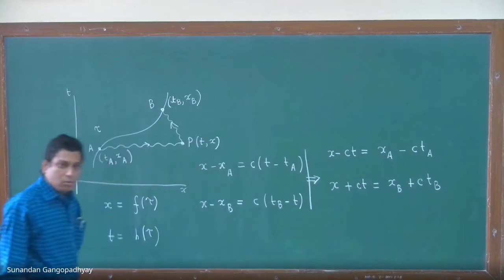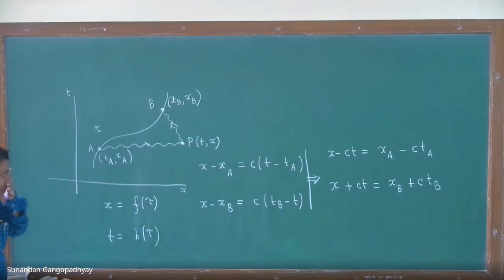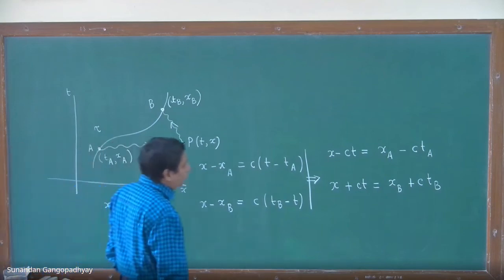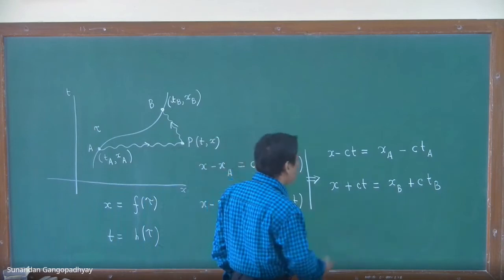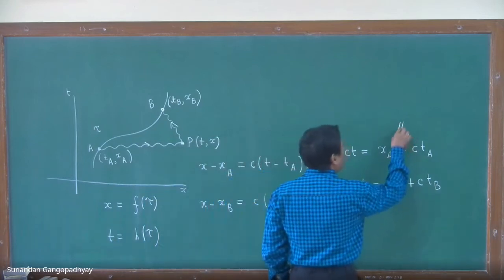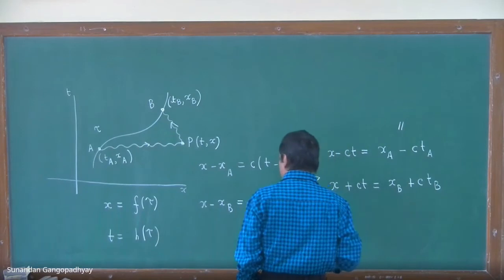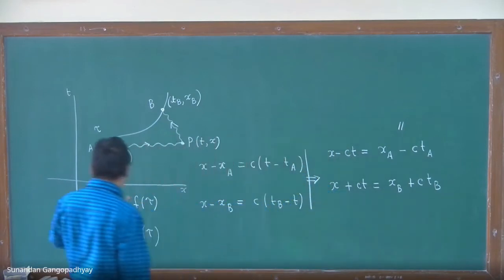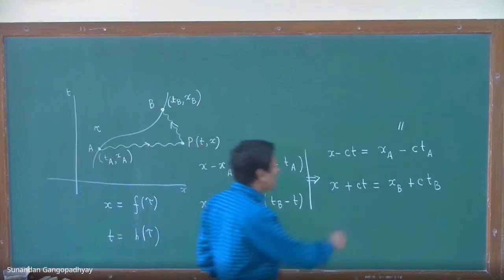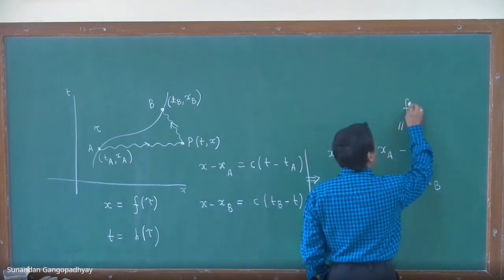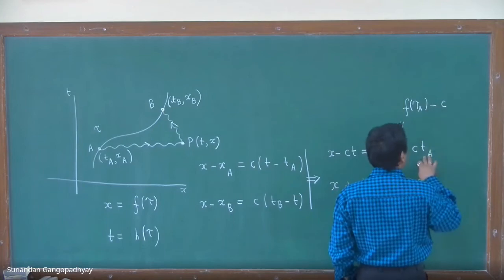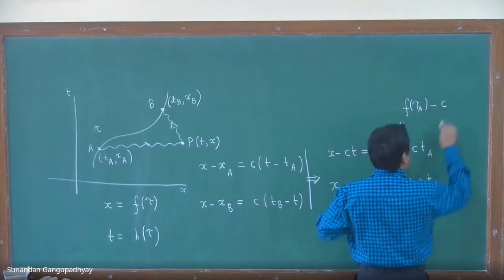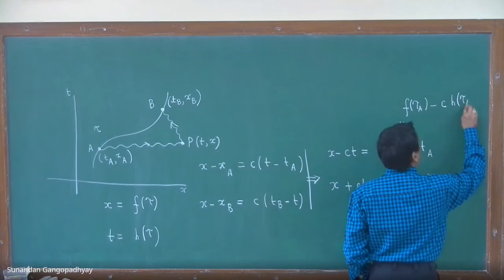So these are the two equations that we have derived earlier, and what this says is the following: you can further write one more step to get a nice form for these equations. We know that x is equal to f of tau, therefore xa is nothing but f of tau a, minus c times t, which is h of tau.